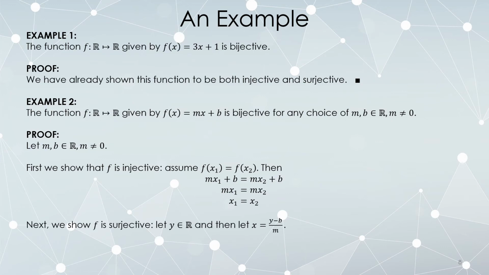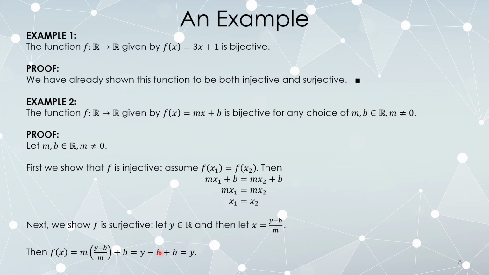Now that we've shown the function is injective, let's show that it's surjective. Pick an arbitrary element of the codomain and find one specific element of the domain that is mapped to it. So for any element y in the codomain, the real numbers, pick one specific number, y minus b over m, and I'm allowed to do this computation because m is not 0. Then what's f of x? It's m times x plus b, but x was y minus b over m.